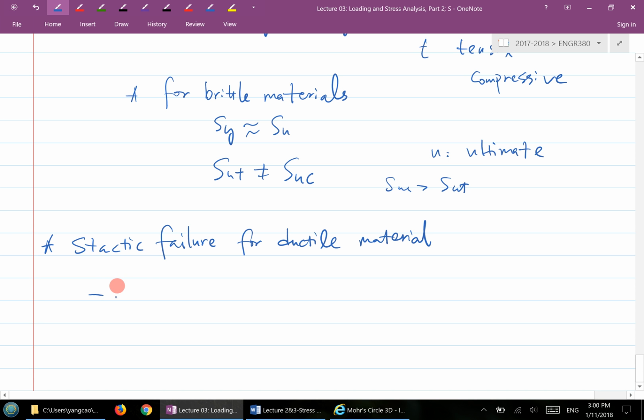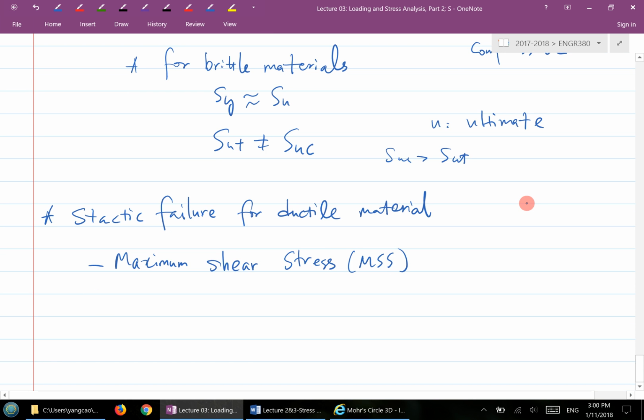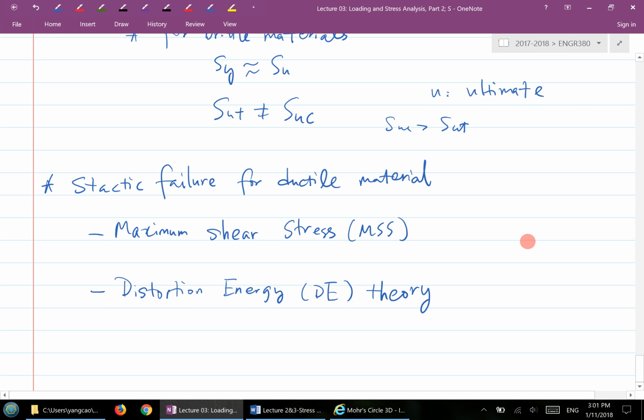The first one, we're going to look at, is the so-called maximum shear stress theory. In short, I'll call it MSS. And the second one, we're going to look at, is the so-called distortion energy. I call it the DE theory. So we'll look at these two for ductile material.